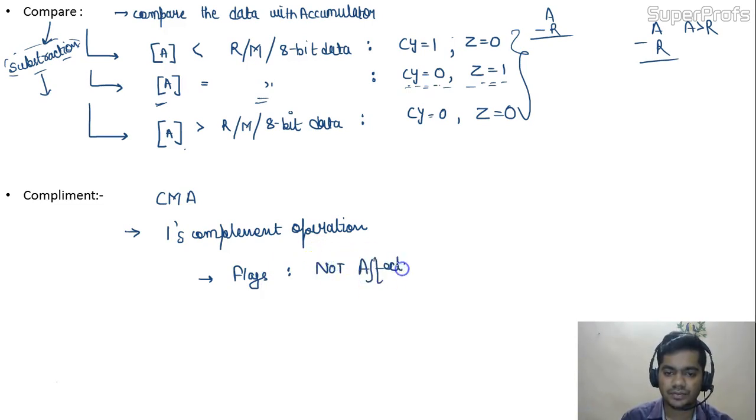That is, to be kept in mind that no flags would be affected during this complement operation, and the addressing mode is implicit as there would be no data or any address.